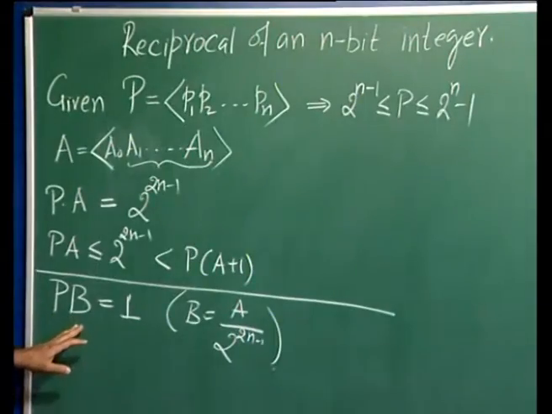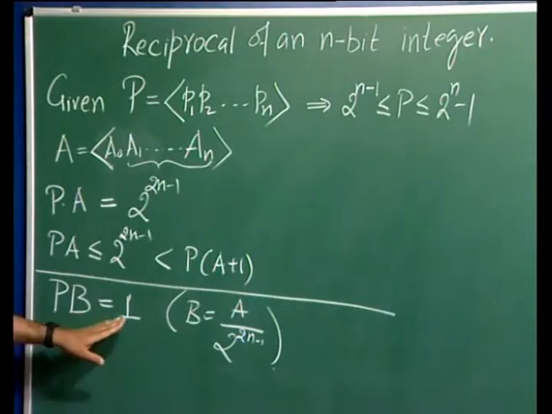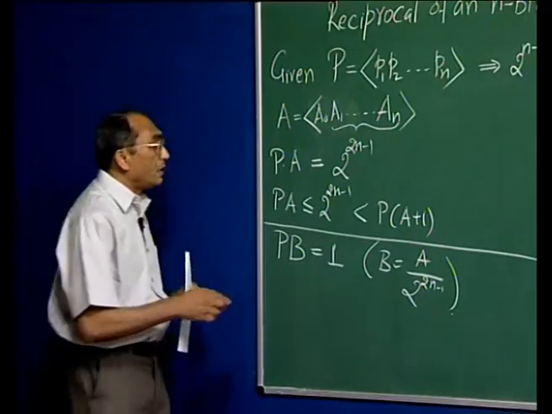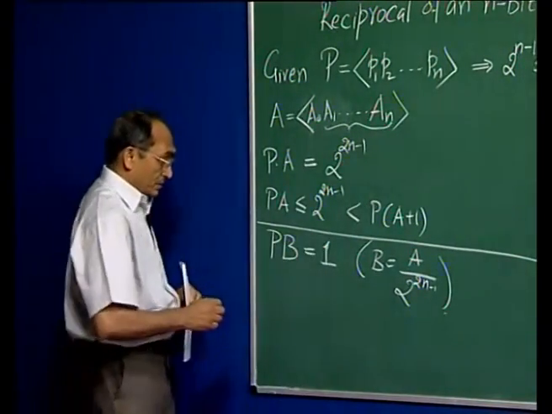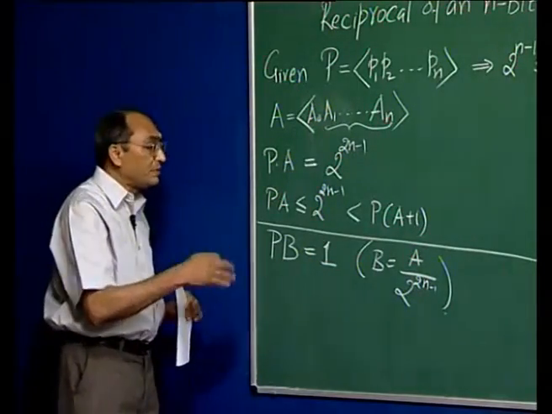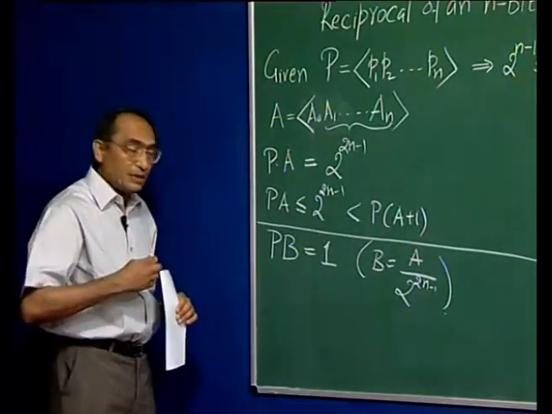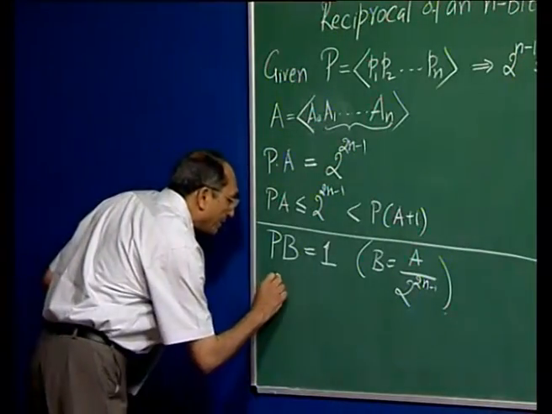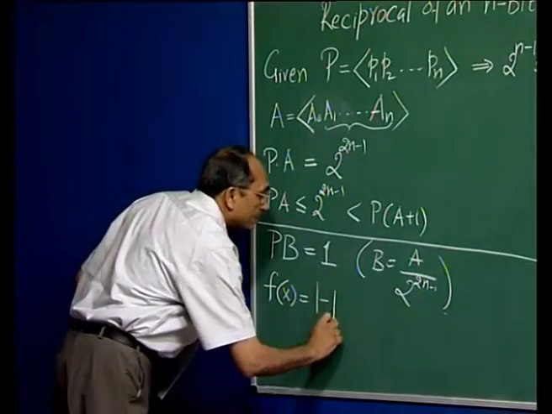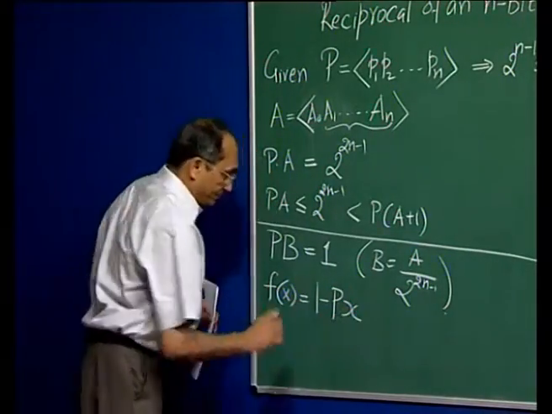So this is not an integer, and we are just trying to approximate the best possible value of b that we can. Now the process of approximation will try to minimize the error. So let us define an error function f of x to be 1 minus p x.